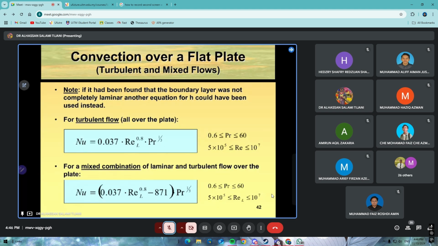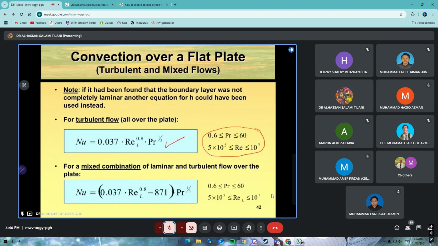These are the equations that can be applied for a turbulent flow. So for this particular condition, the appropriate Nusselt number to be used is given by this.